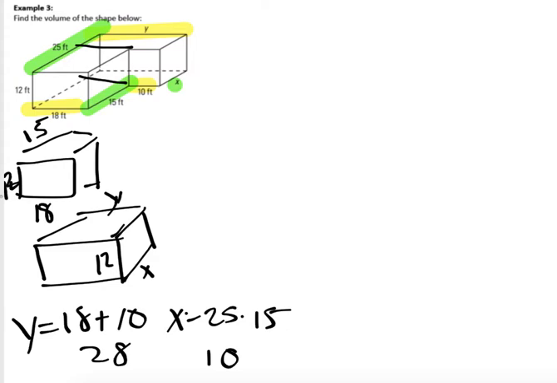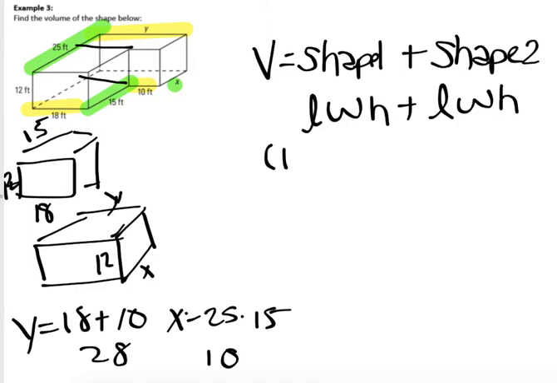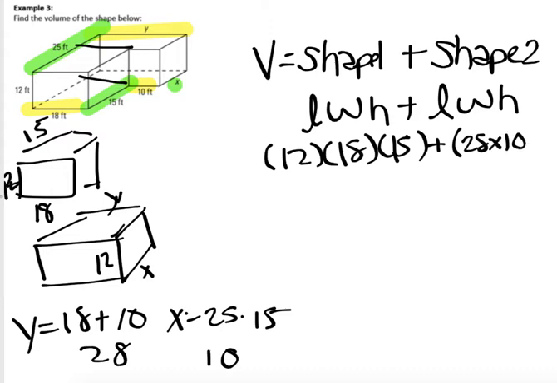So I'm going to take the volume, and it's going to be shape 1 plus shape 2. So the volume of this is length, width, height, plus length, width, height. The length, width, and height of my first one are 12 by 18 by 15, and my second one was 28 by 10 by 12.